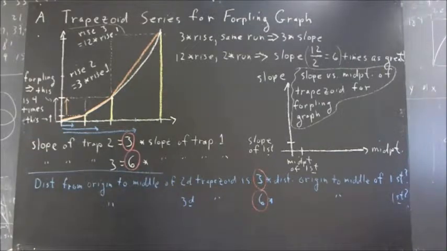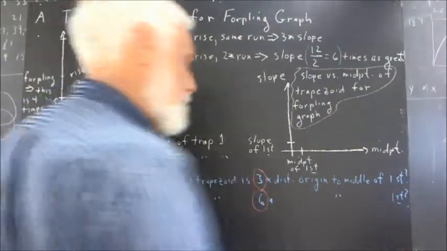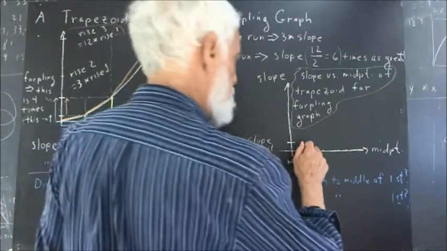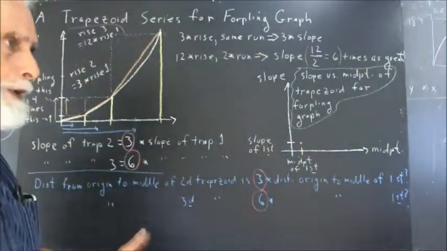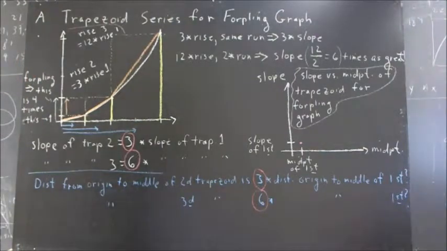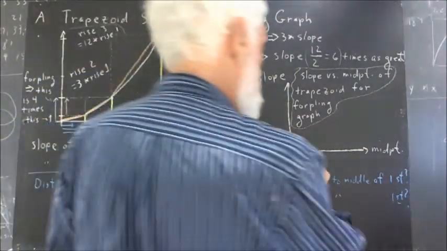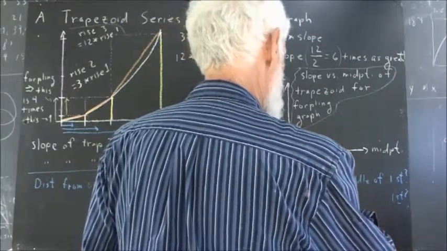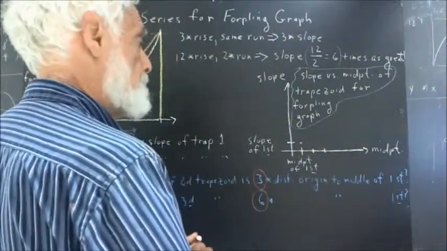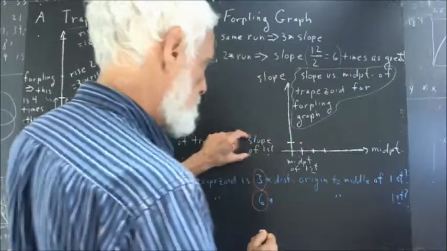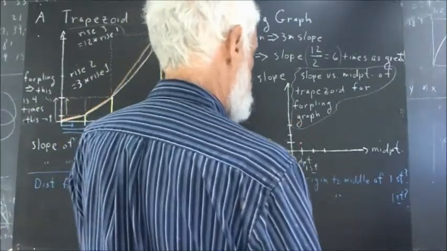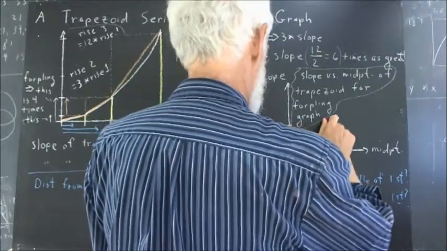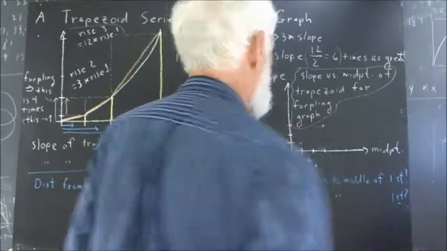So what is our result here? What is this graph going to look like? Well, you should think about that a little more, but I'm going to go ahead and do it. We know then that this point is a point on the graph, and that if we go out 2 more midpoint distances, we're going to be at 3 midpoint distances, and the slope is going to have to be 3 times as great as the slope was here, which is going to give us a point, if we project over and down, right about here.